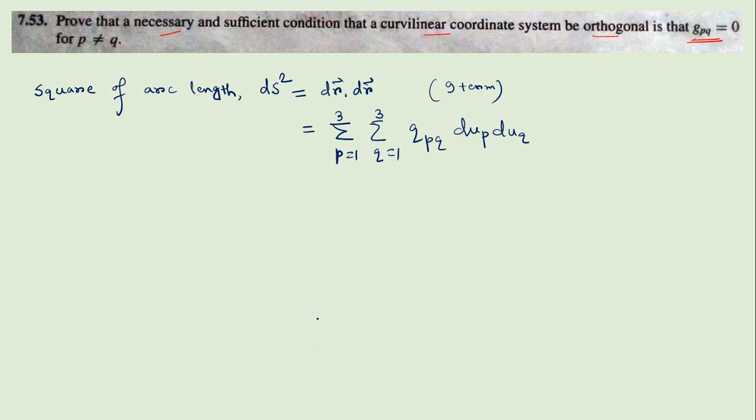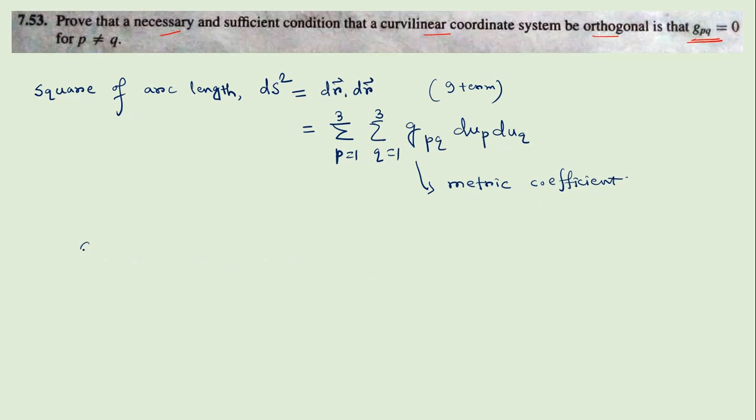These are the 3 coordinates, and this g_pq is known as the metric coefficient.